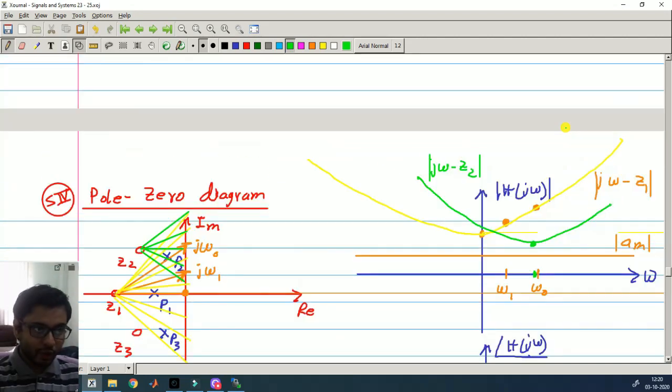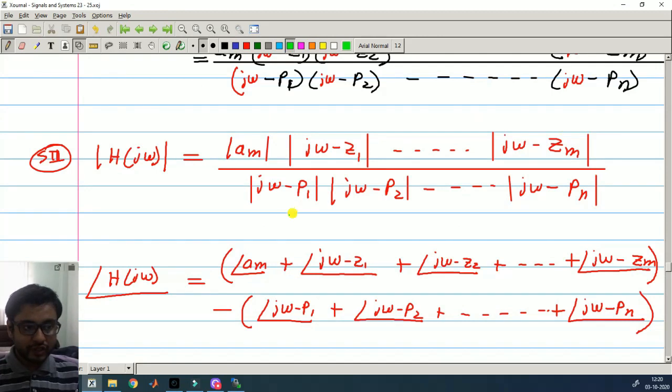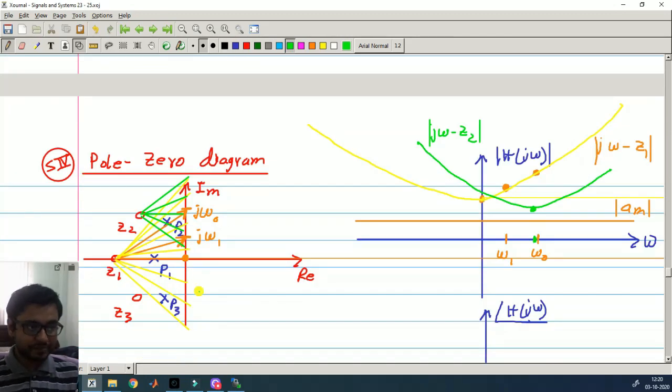Also you have P1, P2, Pn in the denominator, so you have to do the same thing and then divide these terms. Okay, so that's how you can plot the magnitude response from the pole zero diagram.